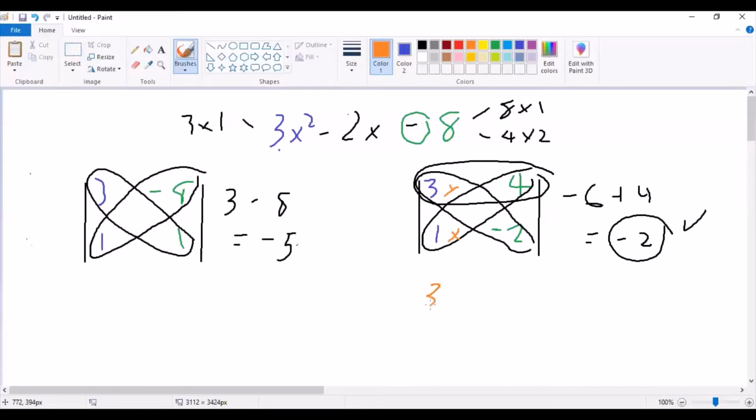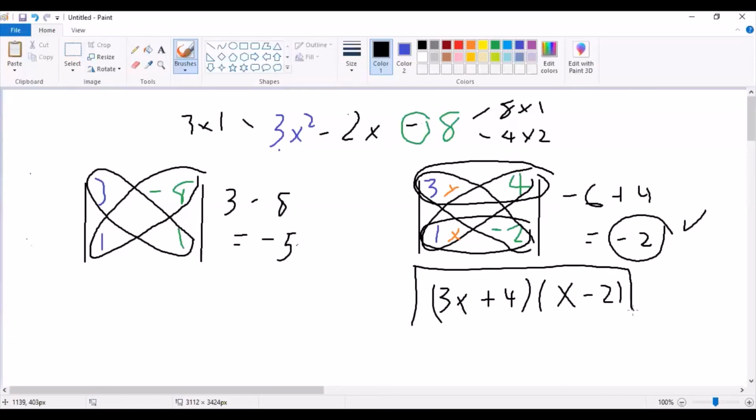So this makes it a little bit easier to see, in my opinion. So then we can just go 3x plus 4 for one of the factors, and then the other one would be x minus 2. So write it horizontally. And then that would be your final answer.